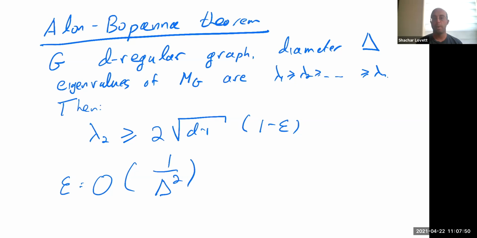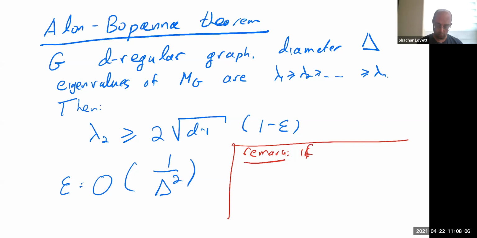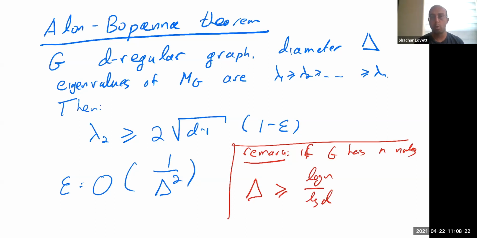So what can we say about it? First of all, again, just to remind you, a remark: if G has n nodes, then the diameter is at least log n over log d. So you shouldn't really be thinking too much about the diameter.